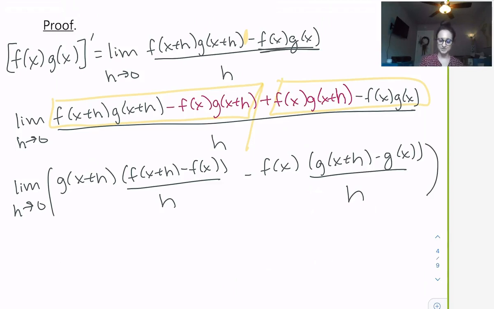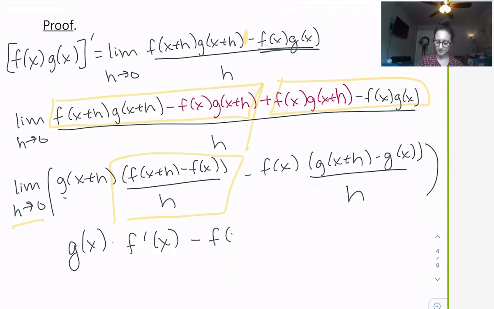So now let's apply the limit to the two pieces of the difference. Because g and f are differentiable, g is certainly continuous. So if I plug in 0 there, that's going to give me g of x. If I take the limit of this piece, that should look familiar. That's f prime of x. That's literally how I define the derivative, okay?